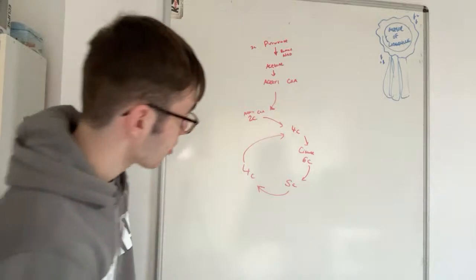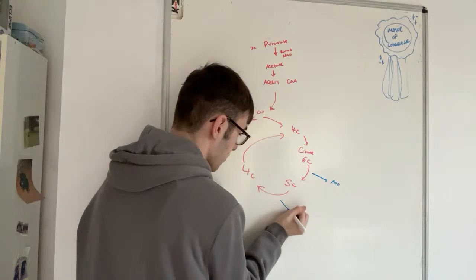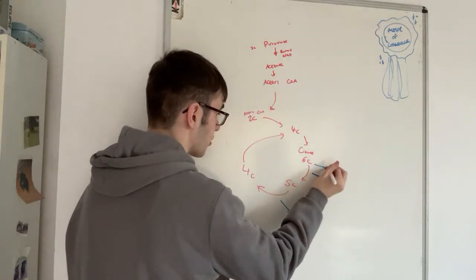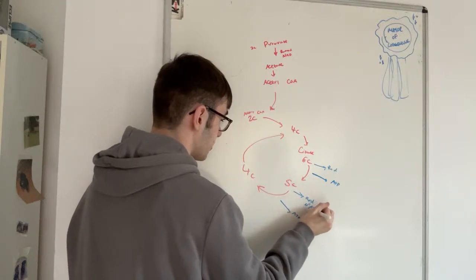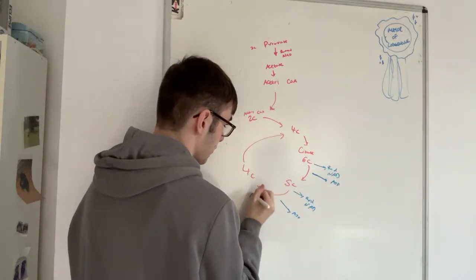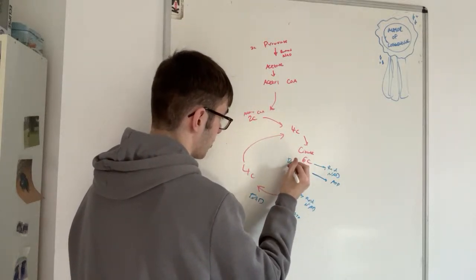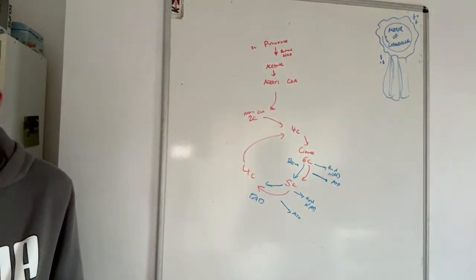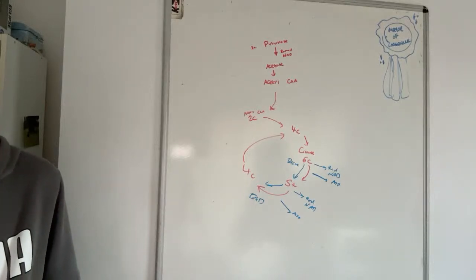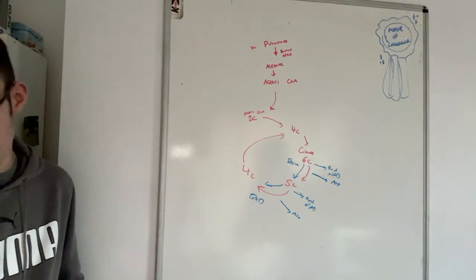Throughout this process, we have the production of ATP, the reduction of NAD, the reduction of NAD, the reduction of FAD. This is called decarboxylation. Let me just check. So yeah, the 2 pyruvate become acetate.